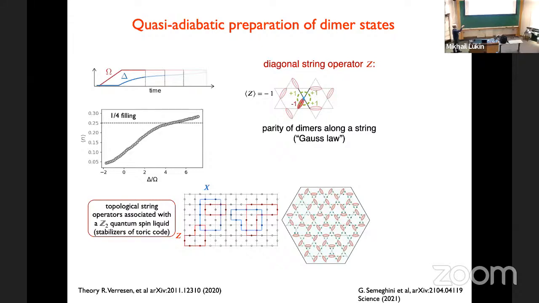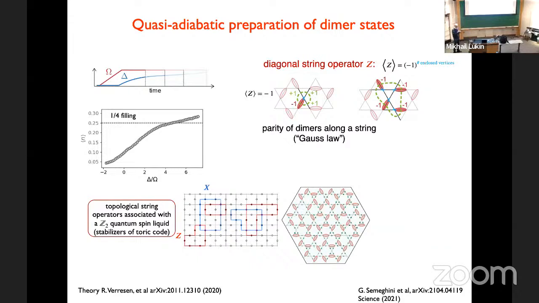vertices. If the state is one of the dimer coverings, the string will cut one Rydberg atom, right? And it means that the product of all of those operators will be -1. If you now make a bigger loop, you will have the expectation value of -1 to the number of enclosed vertices, right?